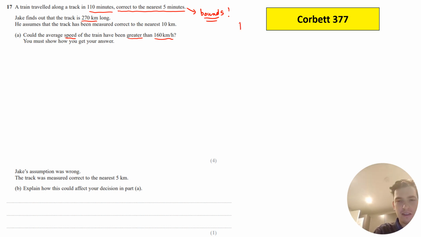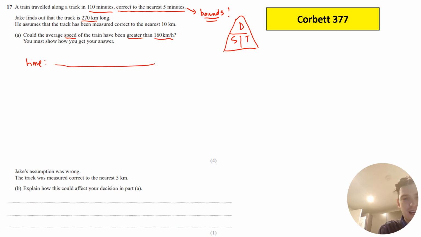So let's draw my distance, speed, time triangle, because I need to use that later. And now I'm going to draw in the bounds. So the first bound is my time of 110 minutes. Let's draw out that number line. Put 110 minutes in the middle. Increase that by 5 to get 115 and decrease it by 5, and you're going to put your numbers in the middle.